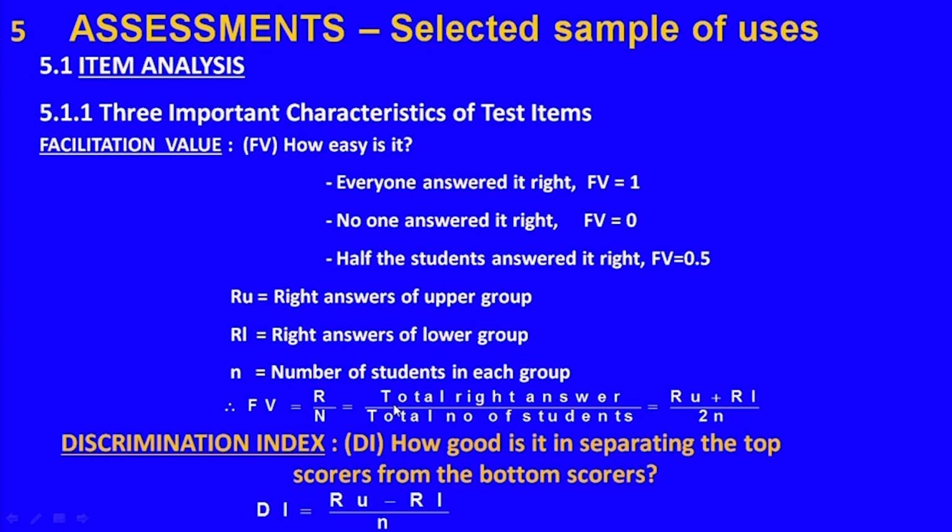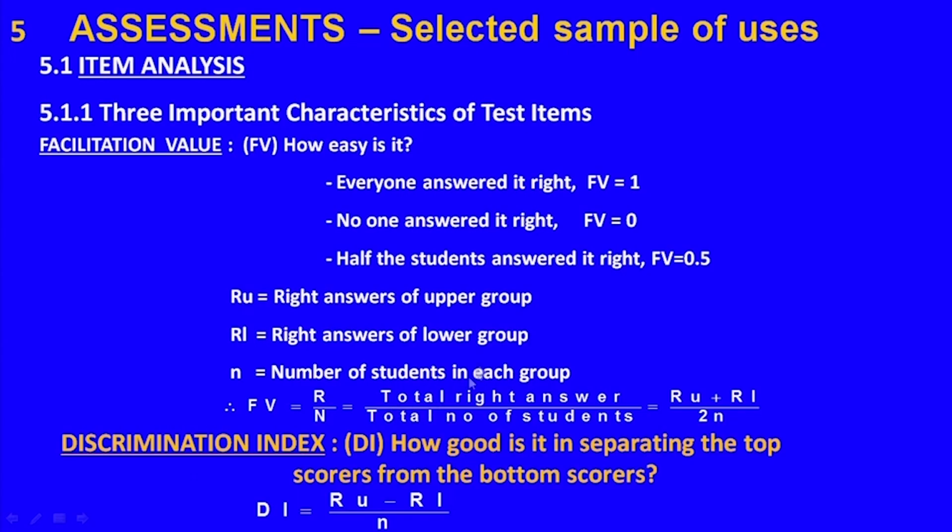For example, if there are 30 students, with 8 in the upper group and 8 in the lower group, and 7 students answered correctly from the upper group and 1 from the lower group, the total number of right answers is 7 plus 1, out of 16 students, 8 in the upper group and 8 in the lower group.